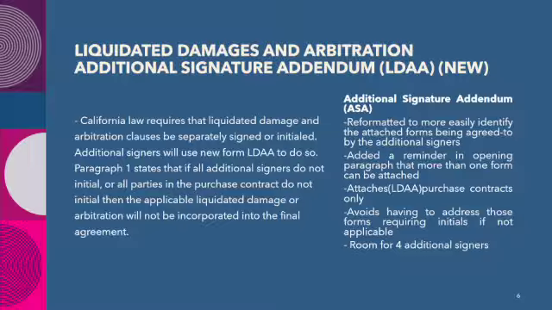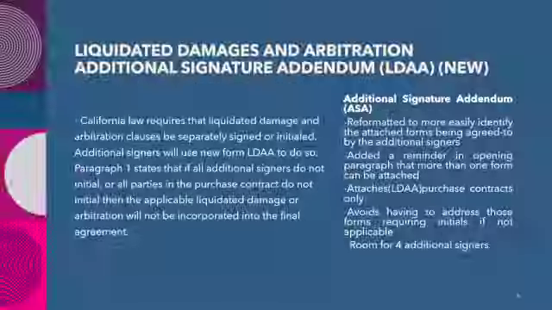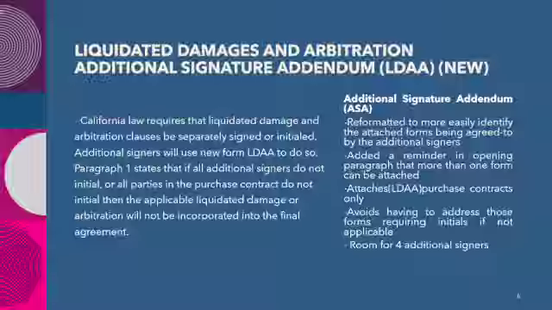Additional signers will use new form LDAA to do so. Paragraph 1 on the form states that if they do not all initial, or all the parties in the purchase contract don't initial, the applicable liquidated damages or arbitration will not be incorporated into the final agreement.